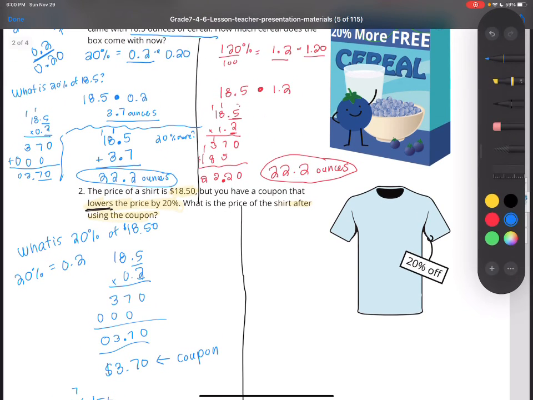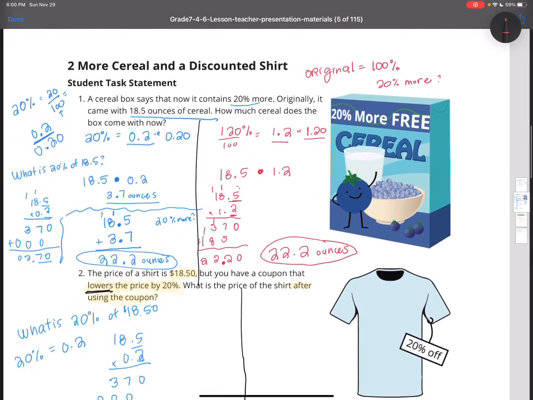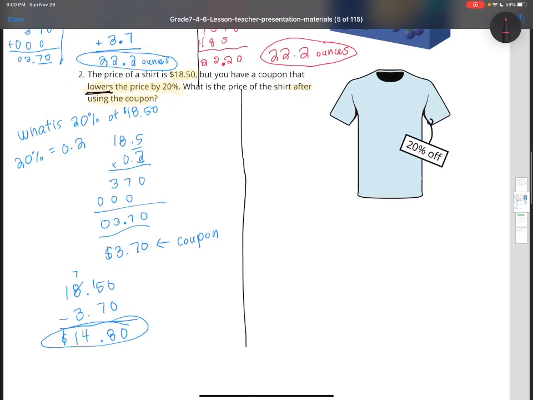Now, with the method in red, you have to understand that the original price is the 100%. Okay, so the original price, I'm going to put price so you know it's a different problem, is 100%. And the 20% lowers, is 20% lower.